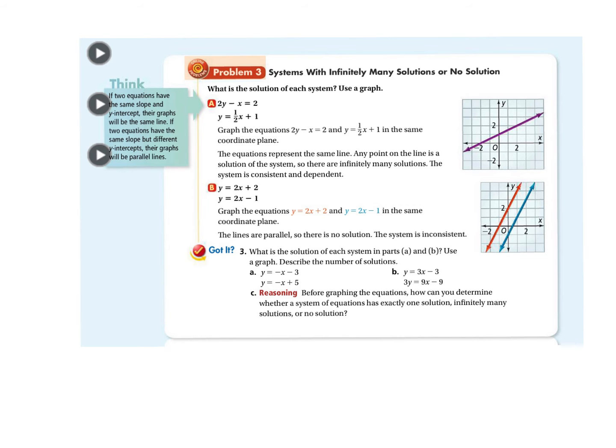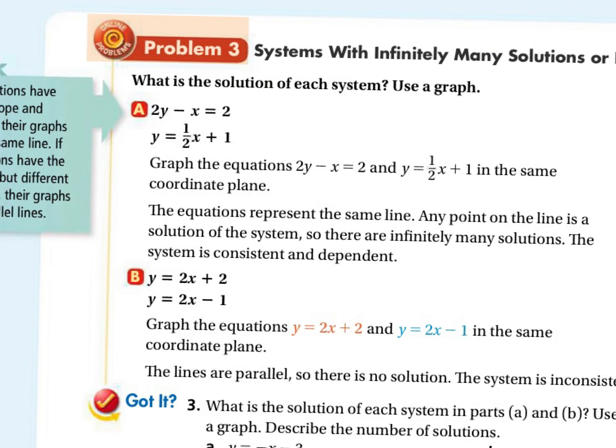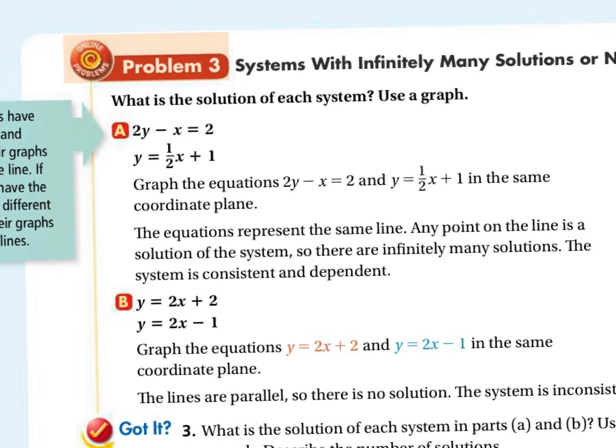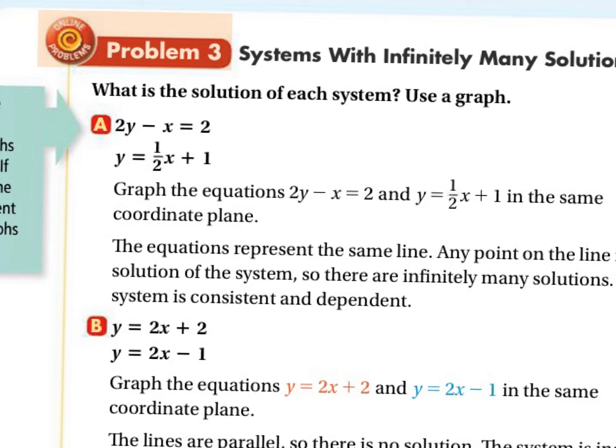If you look at problem 3, they're asking for the solutions of these systems, and it says use a graph. So on problem 3, part A, I mentioned really we're going to do these problems if we're allowed to use a calculator. In order to use a calculator, you have to have y equals something.